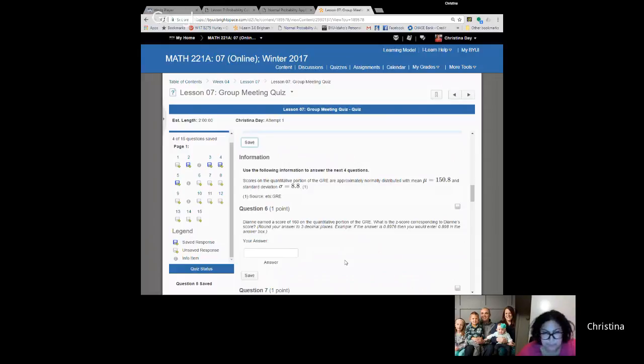That's the score she got, right? So you take that score minus the mean, which is 150.8, and divide that by the standard deviation, which is 8.8. Yep. Okay. So that's what we have to do.